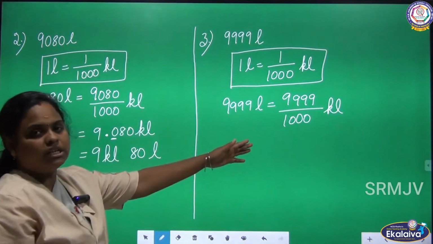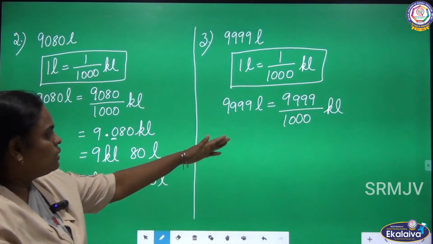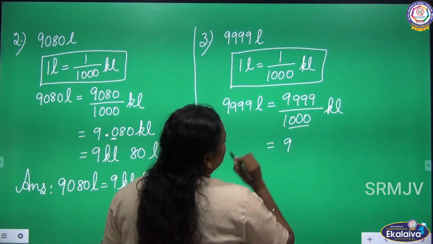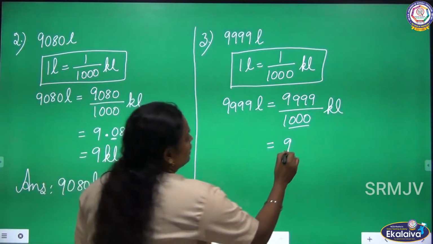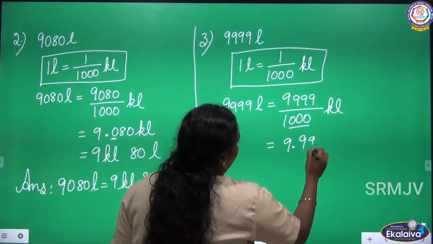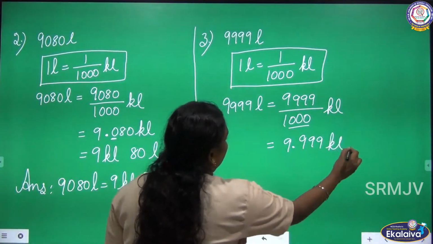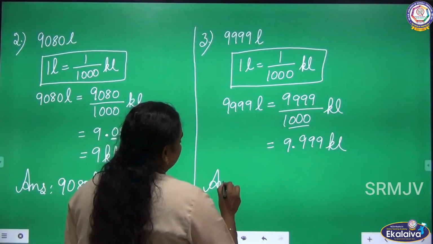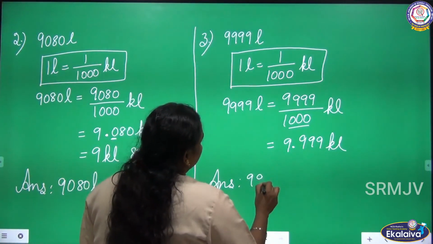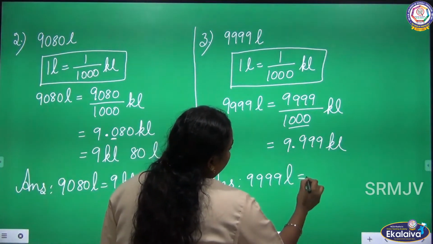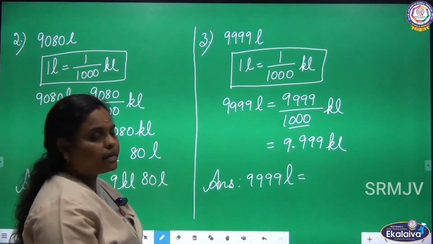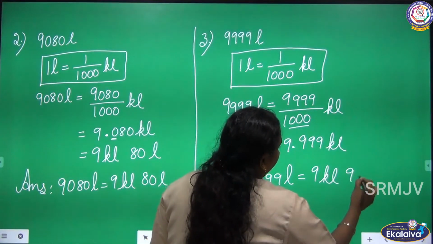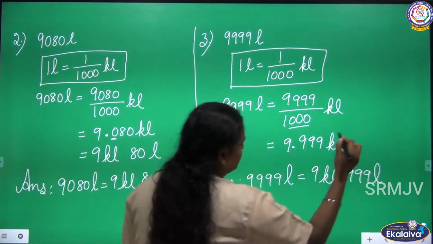See, look at the denominator, children, 1000. So how many decimal places do we have to leave? 3 decimal places, because in the denominator there are 3 zeros. So 9.999 kiloliter. So 9 kiloliters and then 999 liters. 9999 liter equal to 9 kiloliters, then 999 liter.